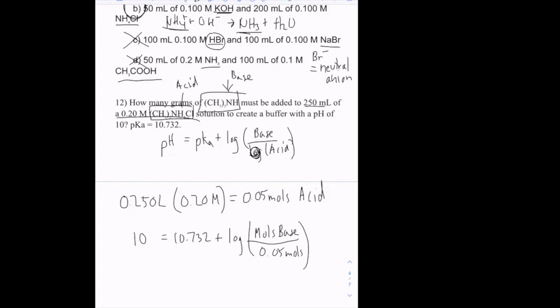Just solving, you get minus 0.732 equals log of moles base over 0.05 moles. So what I'm going to do then is take 10 to the minus 0.732, and you end up getting 0.185 equals moles of base over moles of acid.